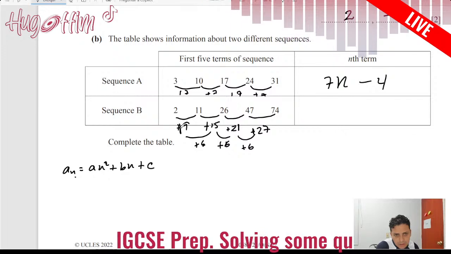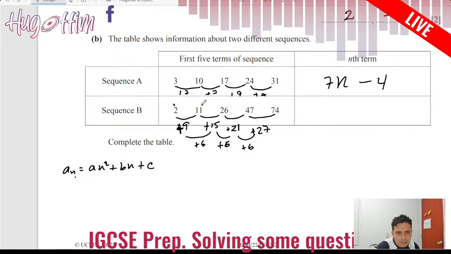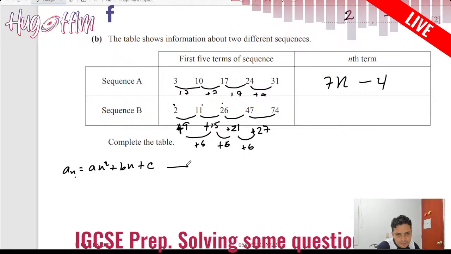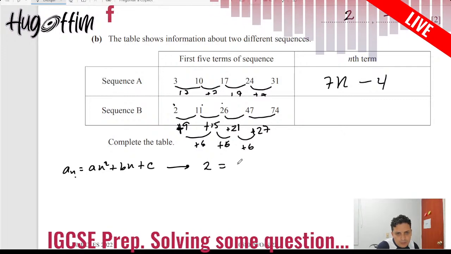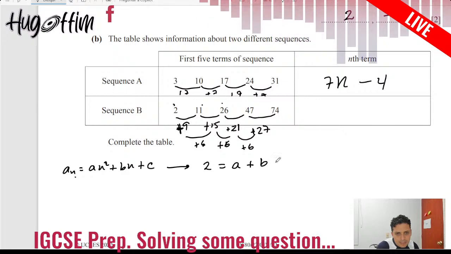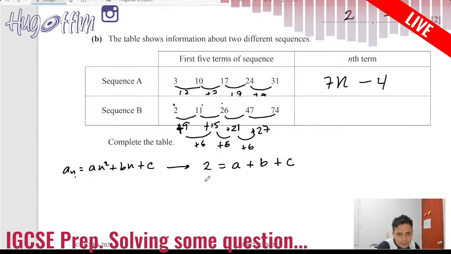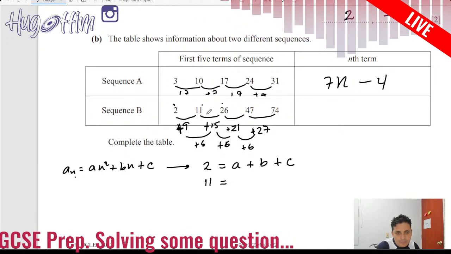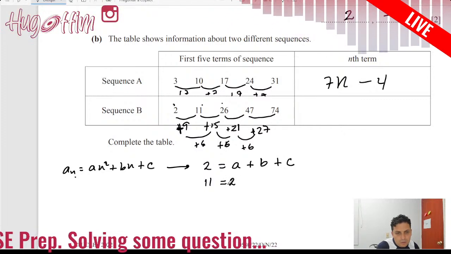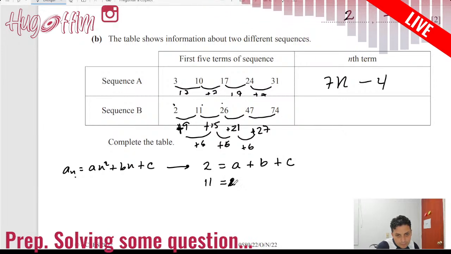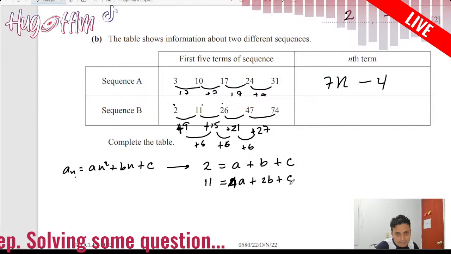So I'm just going to use a sub 1, a sub 2, and a sub 3. For a sub 1, I get 2 equals a plus b plus c. For 2, 11 equals 4a plus 2b plus c.